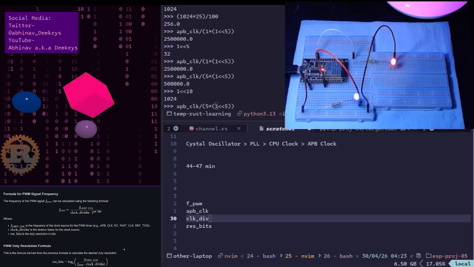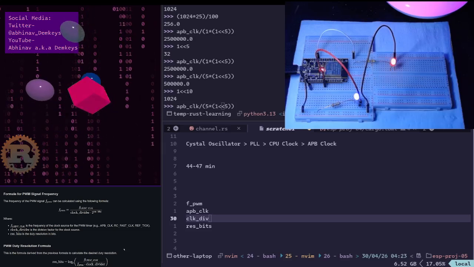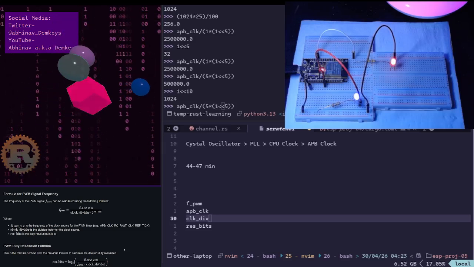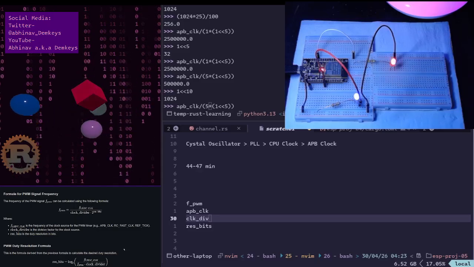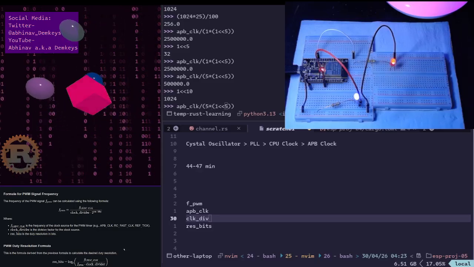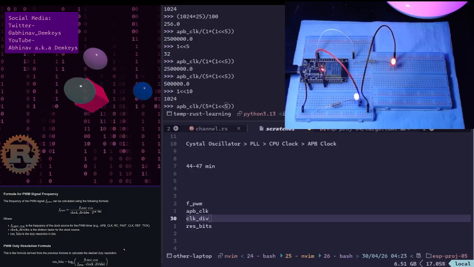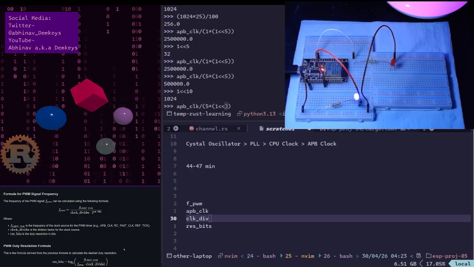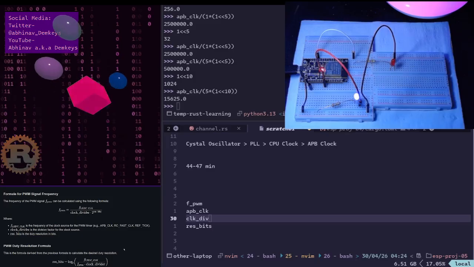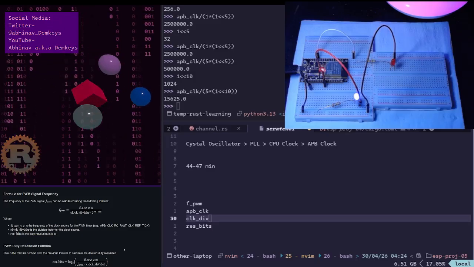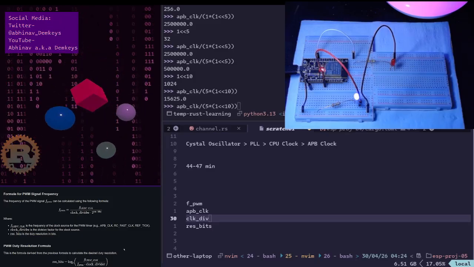So in order to make this work, we need to either increase the frequency or increase the number of bits that we are providing. Let's try 10. That is still high. Let's try 15.